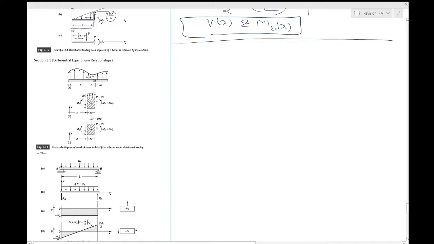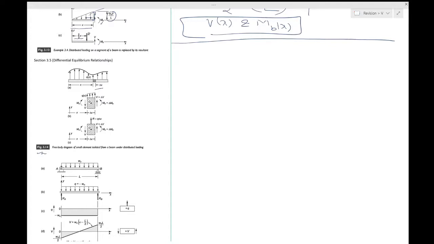This shows a beam of length L. Okay, so the length of the beam, sorry, there's a small part which is of length delta x, and then the external actions on this element are a distributed load of intensity q acting over this length delta x.